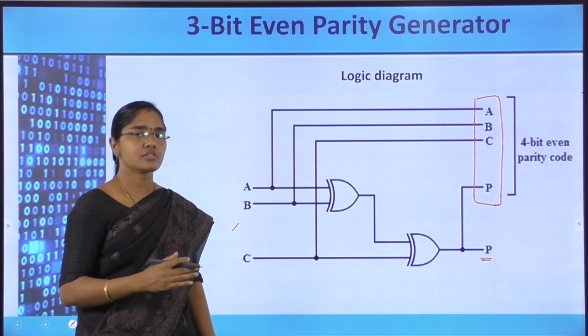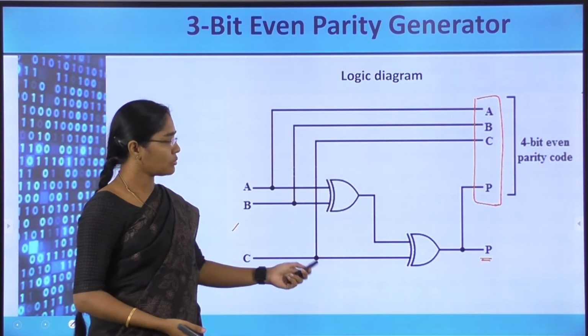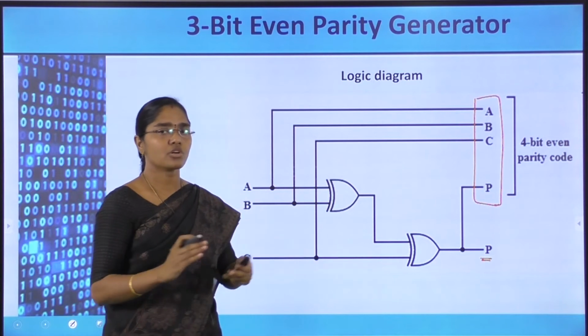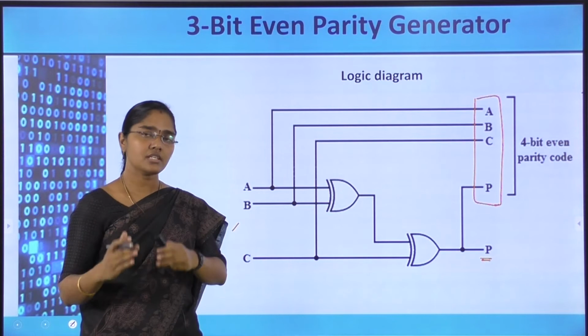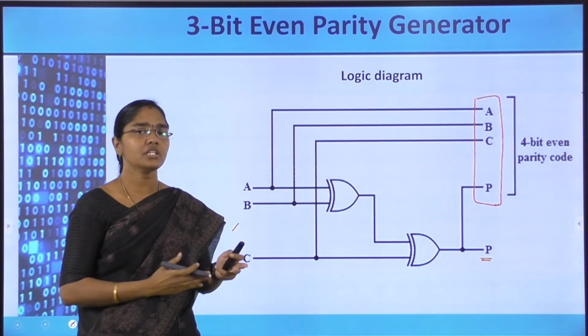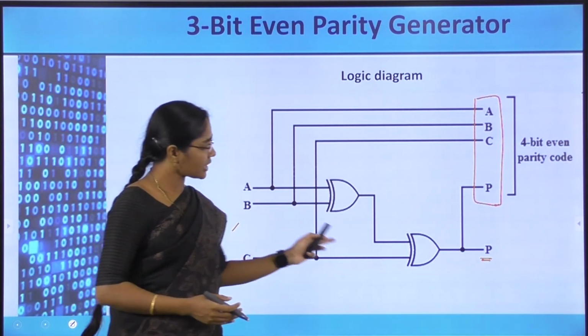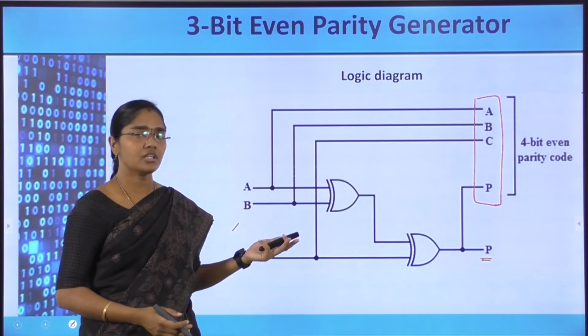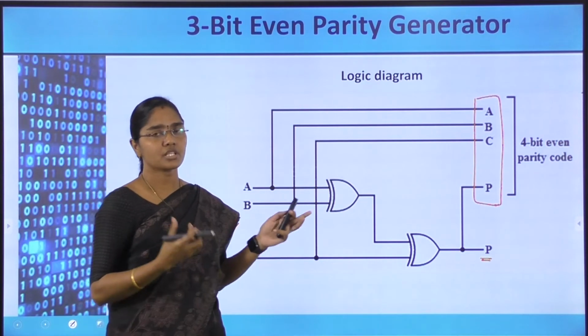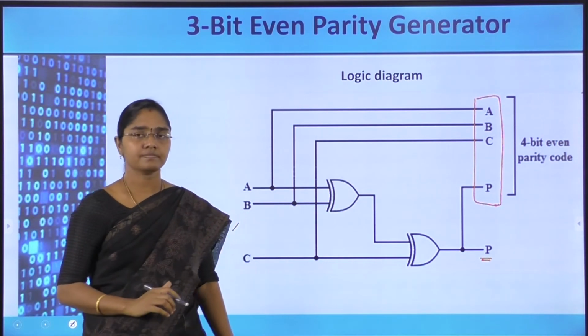Like this, if it is a 4-bit parity generator, one more XOR gate is added, A XOR B XOR C XOR D, and if it is 5-bit, A XOR B XOR C XOR D XOR E will be the expression. Like that, XOR gates will increase if n bits are increased on the transmitter side, but even parity is always generated by XOR gates.